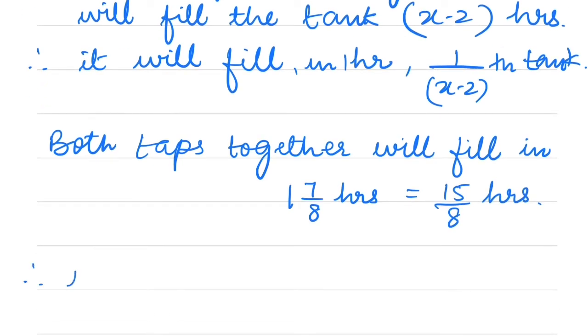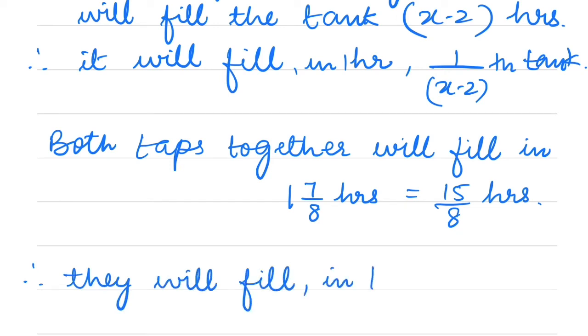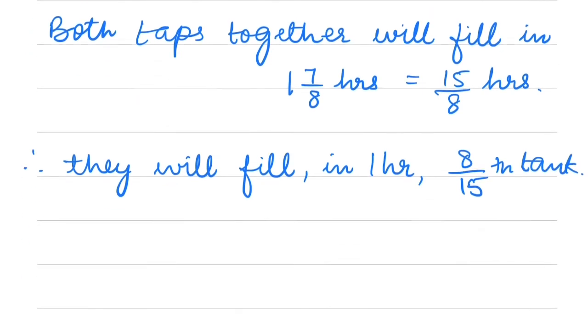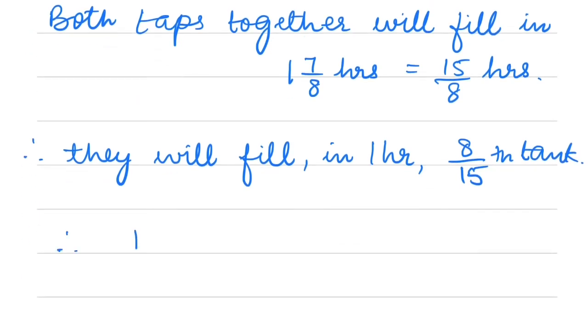So therefore they will fill in 1 hour 8 by 15th tank. Now we can put together, so therefore 1 by x plus 1 by x minus 2 is equal to 8 by 15.